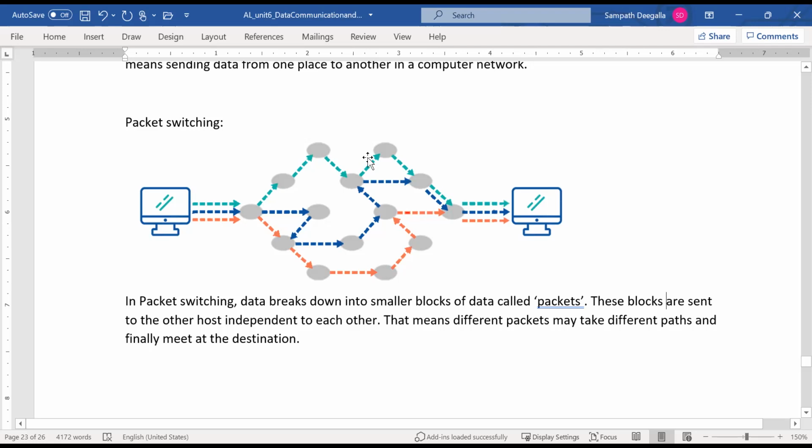For example, it's like you go from one city to another city, but let's say you have several people who can take different paths and then they can meet in the destination city. So it's similar to that one. That's what we call packet switching. Then we will have circuit switching.